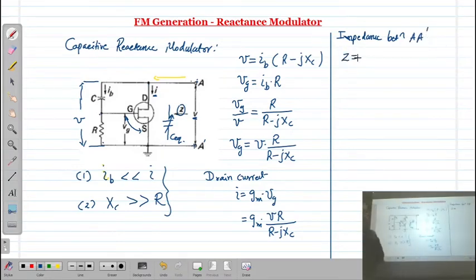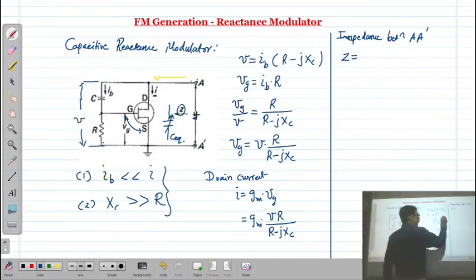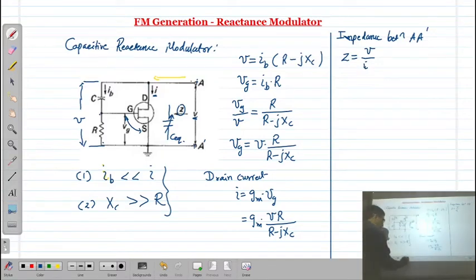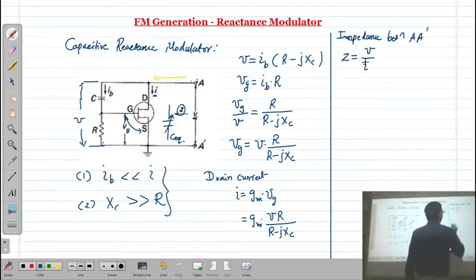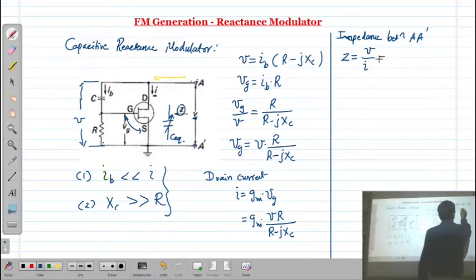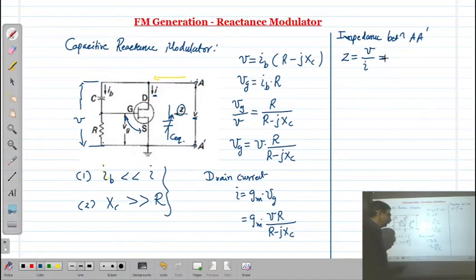Impedance is the ratio of voltage divided by current. My applied voltage is V and the current is I. Now we can calculate the impedance. Z is equal to V upon I. So what is I?